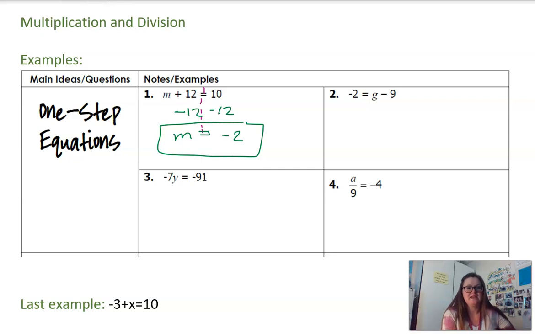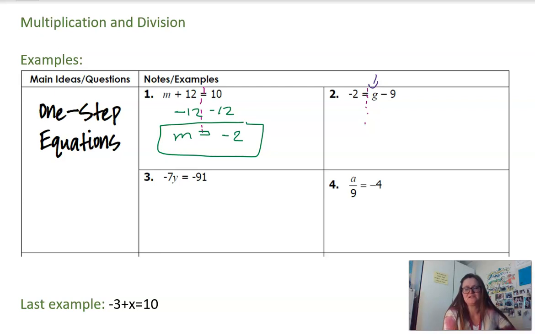All right, next is a subtraction example. But first we have to find our variables. Again, this is our equal sign. Whatever we do to one side, we do to the other. But instead of the variable being over on the left side, you'll notice it's over here on the right side. So we're going to get rid of the 9 because it's on the same side as the g.